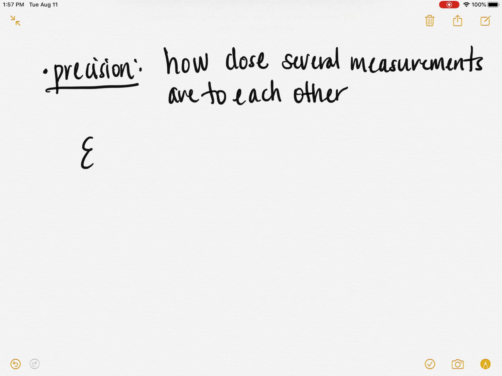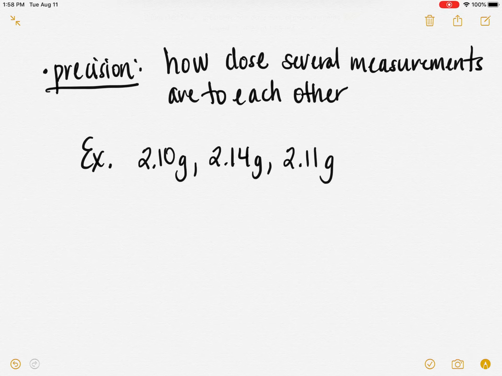So let's say that you and some classmates are measuring the mass of something using a balance. One student says it weighs 2.10 grams, another student says it weighs 2.14 grams, and the third student's balance says it weighs 2.11 grams, okay?